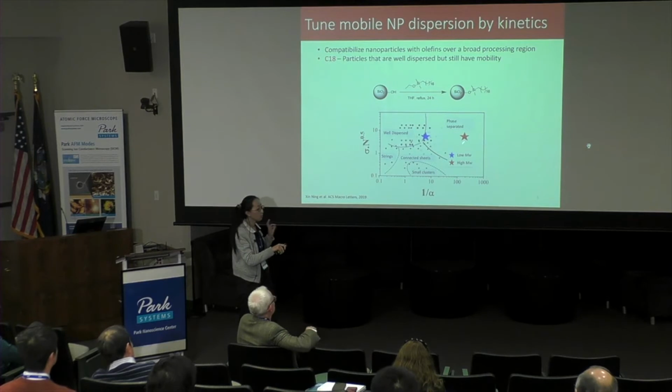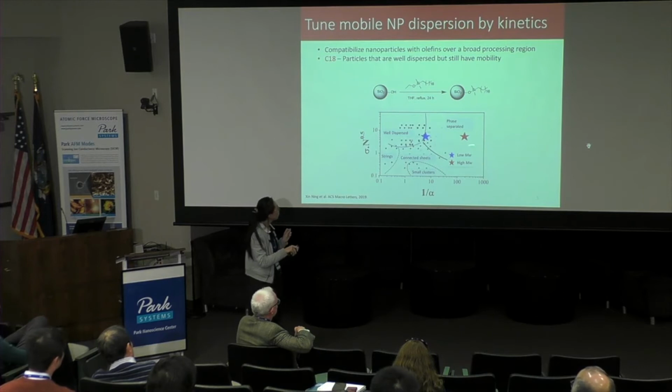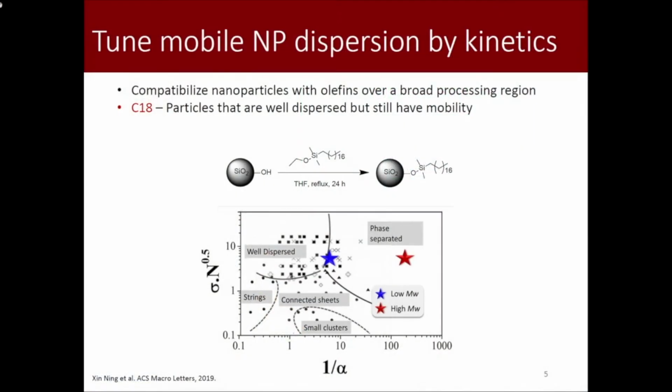We chose two molecular weight matrices as examples: one low molecular weight and one high molecular weight. By tuning the molecular weight, we can achieve either well-dispersed or phase-separated morphology.